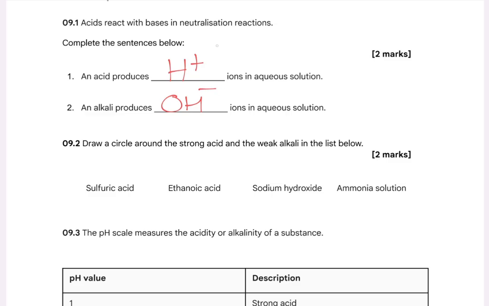So this is a hydrogen ion. It's not hydrogen gas. And this one is the hydroxide ion.